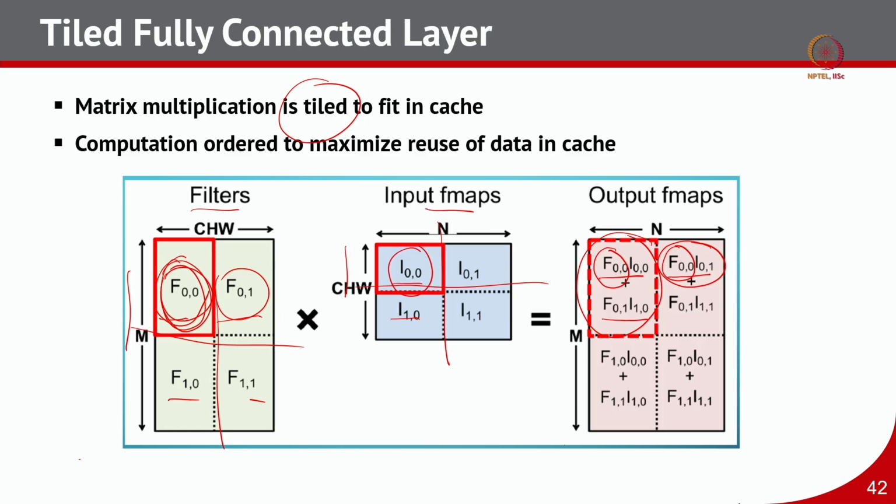Or we can say that I00 is already loaded, so let's see which other tile of the output feature map requires I00. This is the other tile. So we may not need to do all the tile computation in the output feature map at once. We can reorder the computation to maximize the reuse of the data in cache. That's the main motivation of this data reuse.